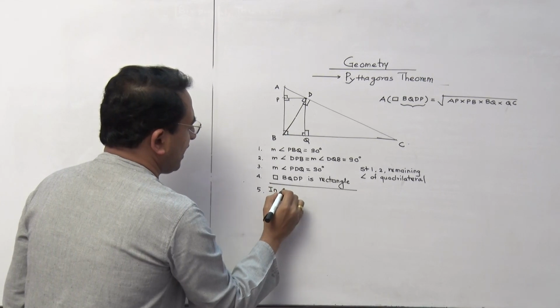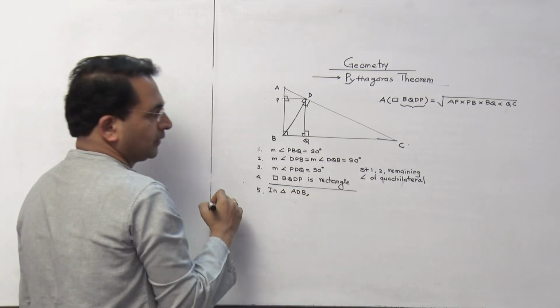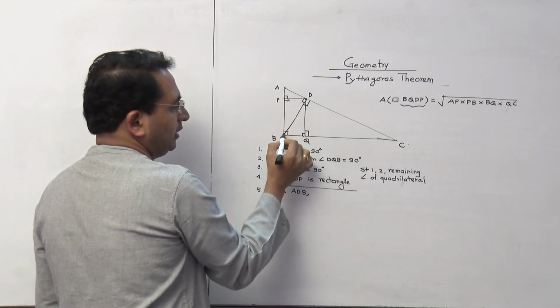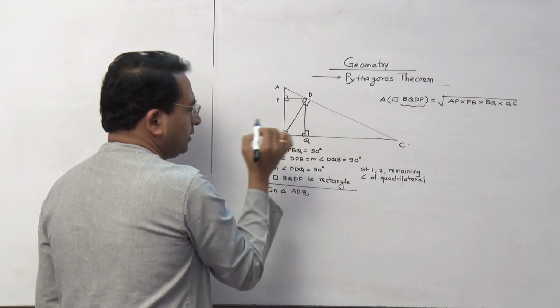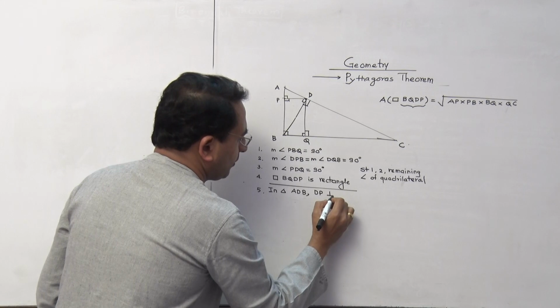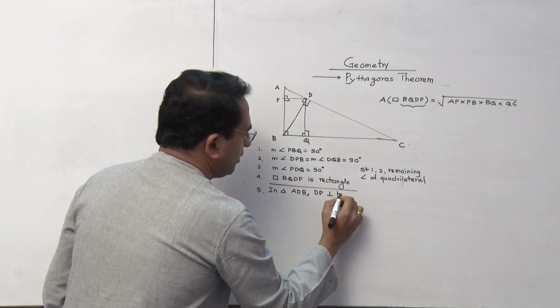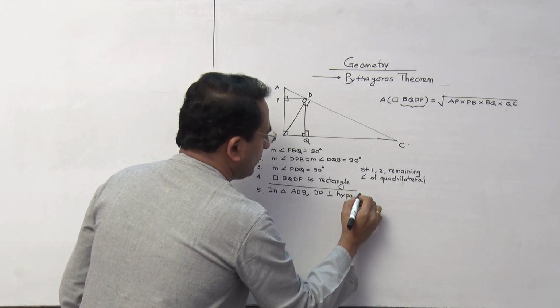Now you talk about this. In triangle ADB, now in this triangle DP is perpendicular to AB. So I am writing here DP is perpendicular to AB, but I am writing their specific word, that is hypotenuse.